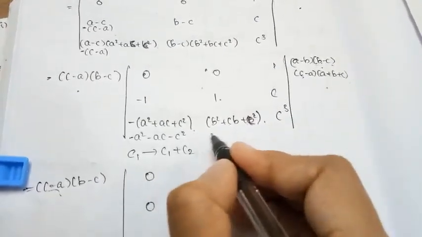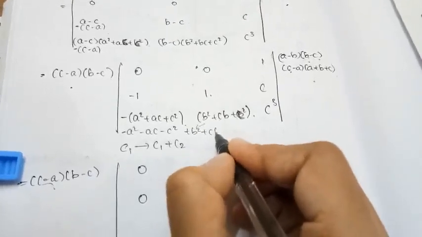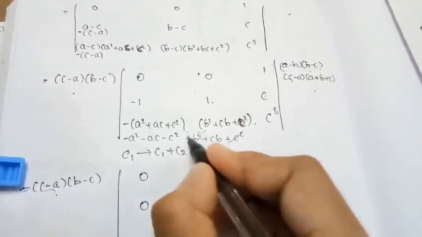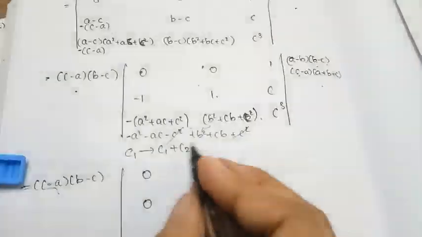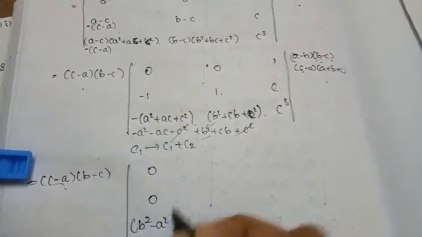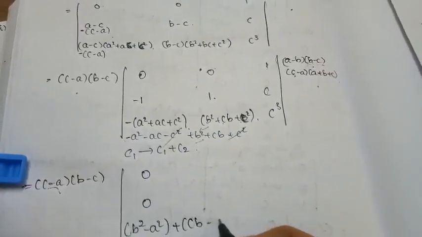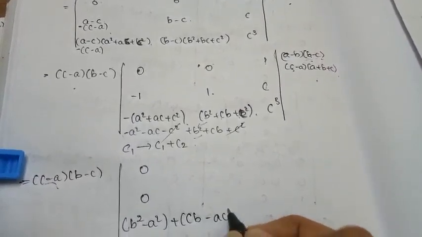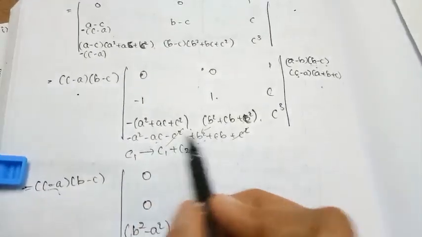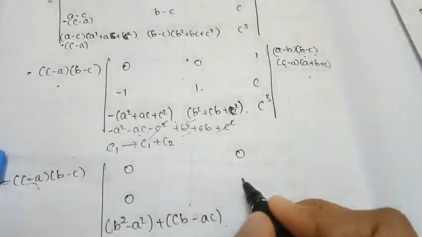C square gets cancelled. What is remaining, I will write it as it is: B square minus A square plus CB minus AC, right? This is what is remaining, BC minus AC. So then what about our column 2?